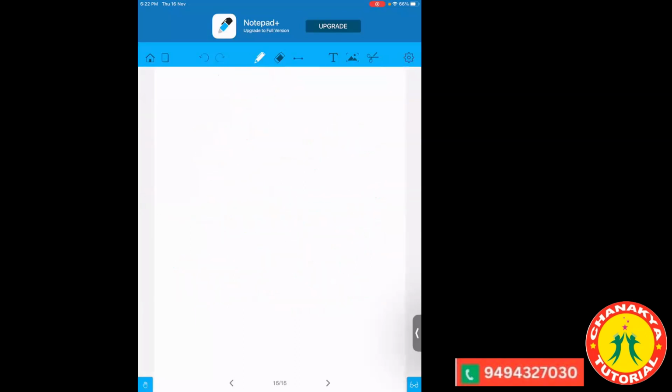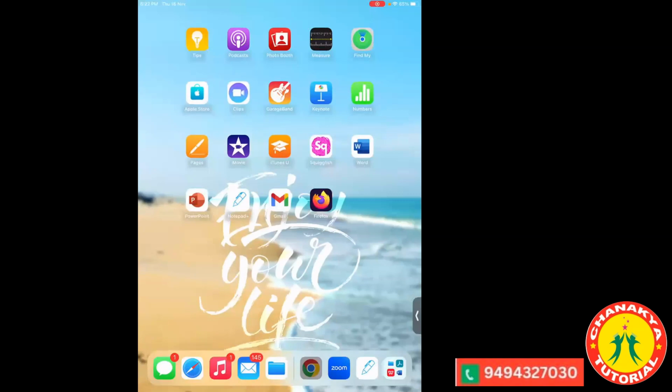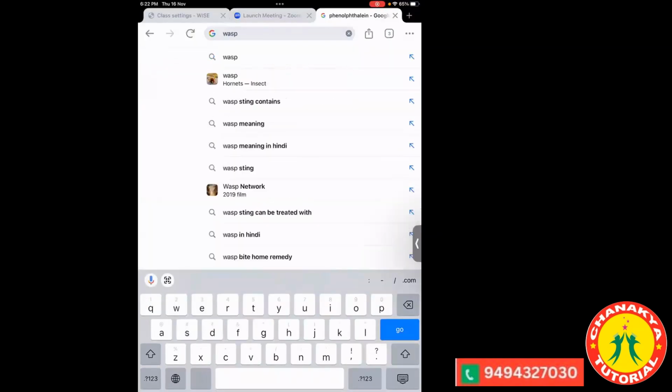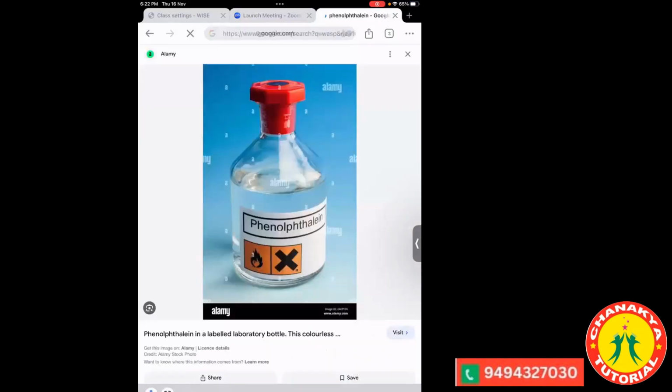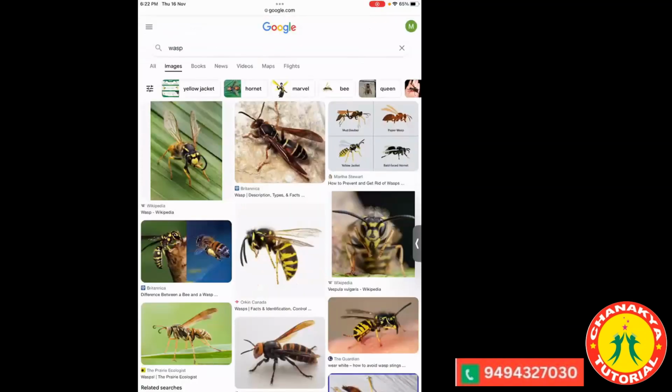Now, this was about the ants. Now, what about the wasp? Who are the wasps? So these are basically the wasps. The ants will be small in size, moving on the floors and all.